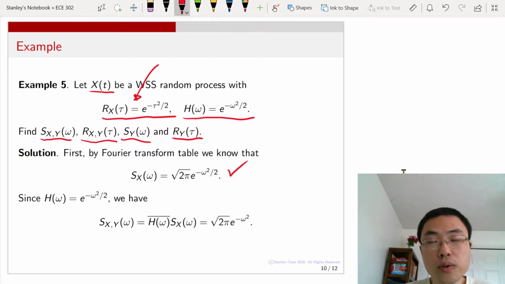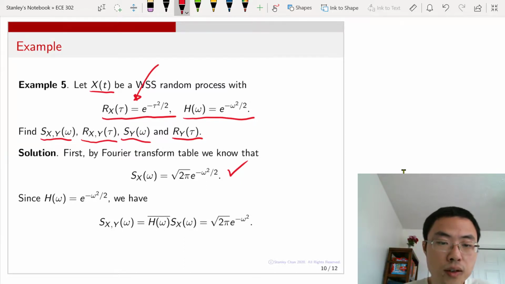The Fourier transform of the impulse response is this, and therefore immediately we know that the cross power spectral density between x and y is defined as the complex conjugate of h times your input power spectral density.